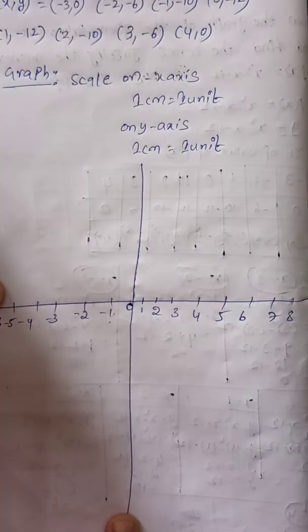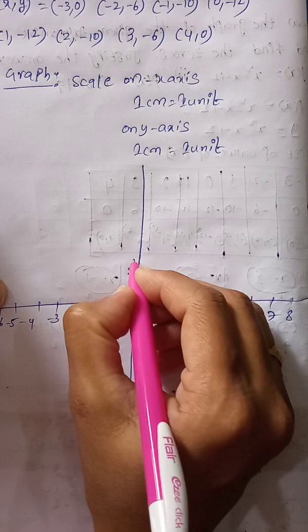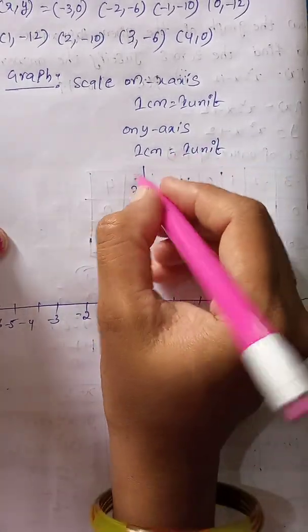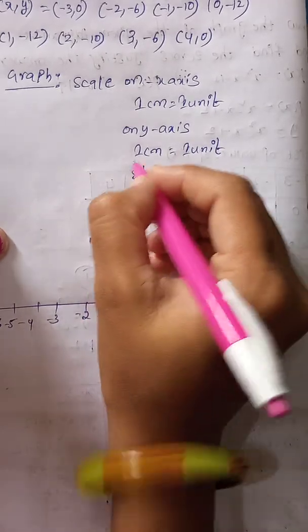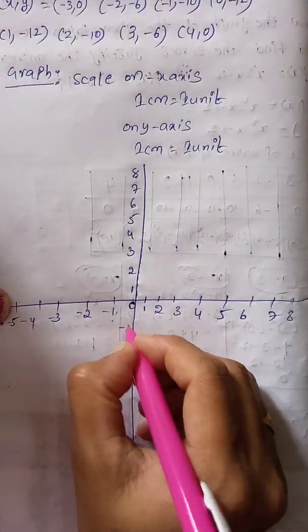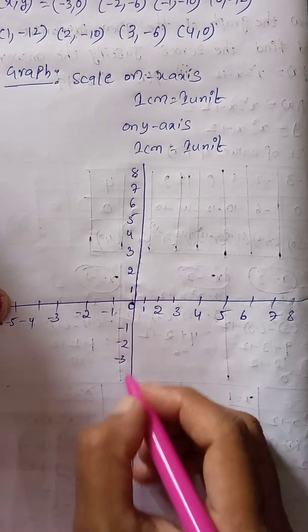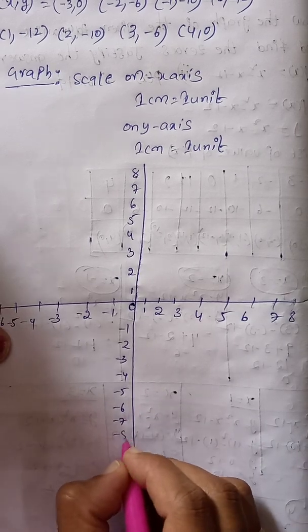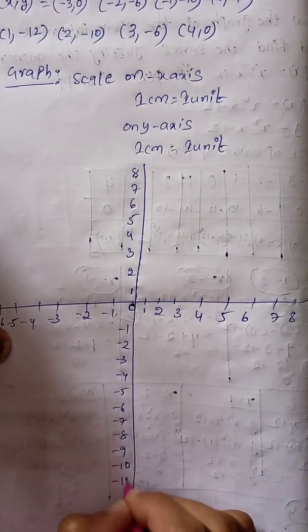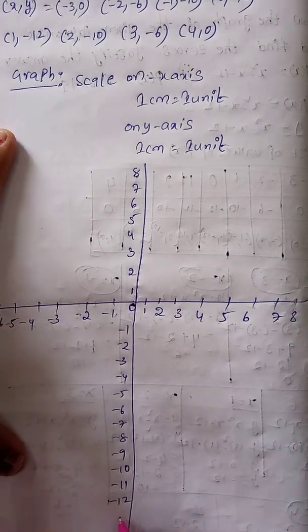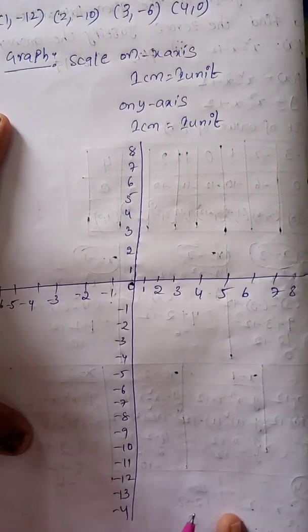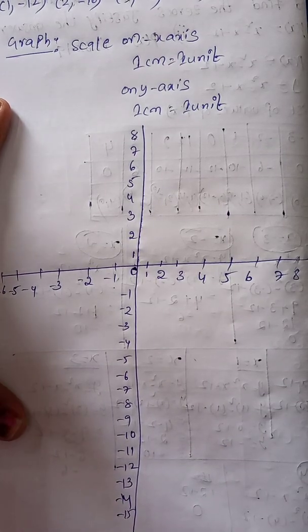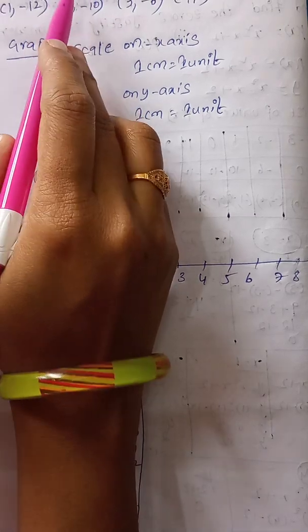Now on the y axis, 1 2 3 4 5 6 7 8, and on the negative side minus 1 down to minus 15.